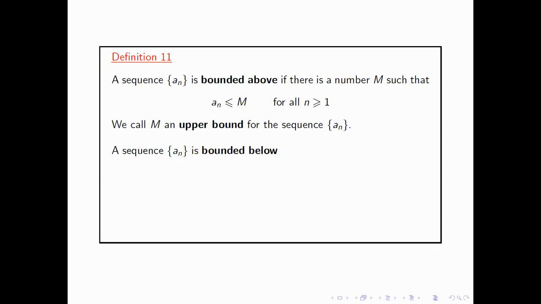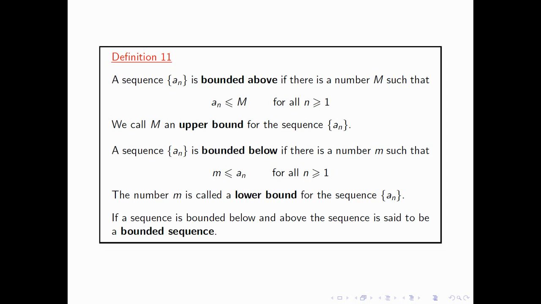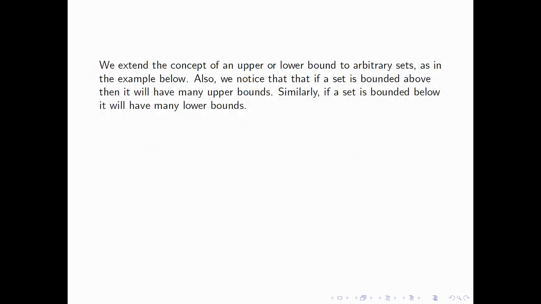Similarly, a sequence is bounded below if there's a number m such that the sequence can never go below that value. And that lowercase m is called a lower bound. If a sequence has an upper bound and a lower bound, then it's called a bounded sequence. Now, we're going to extend this concept.